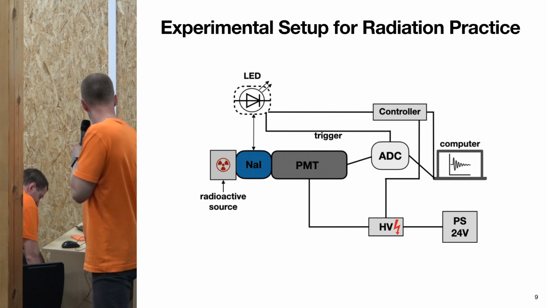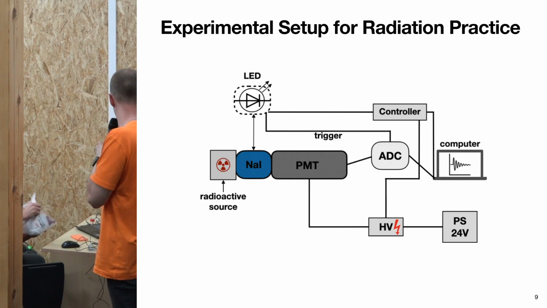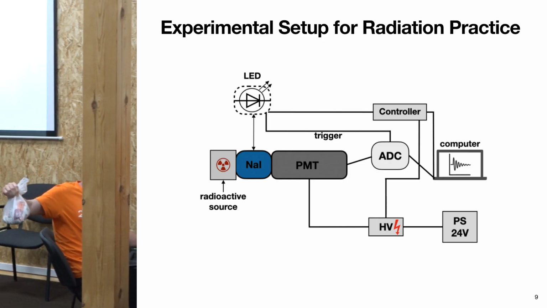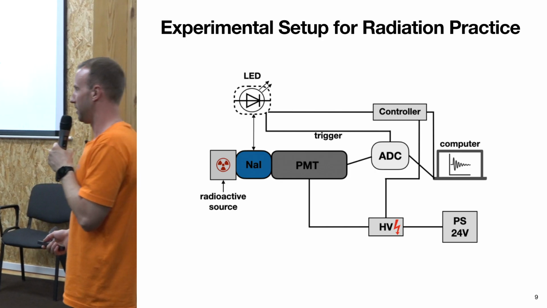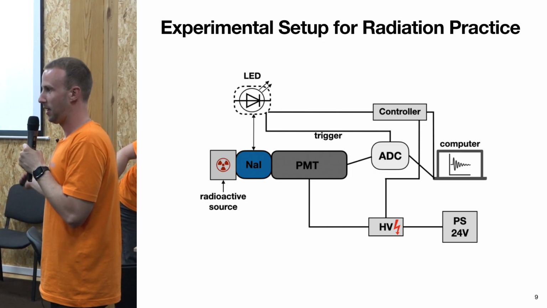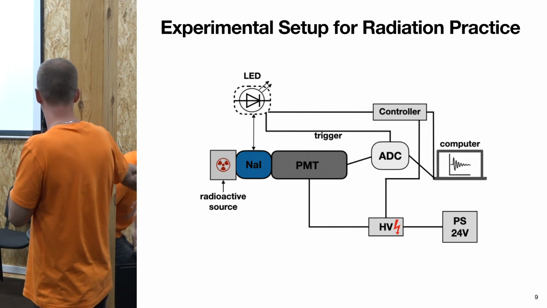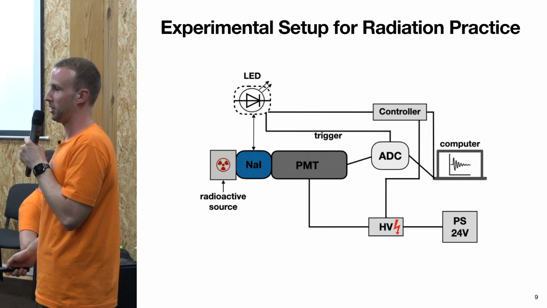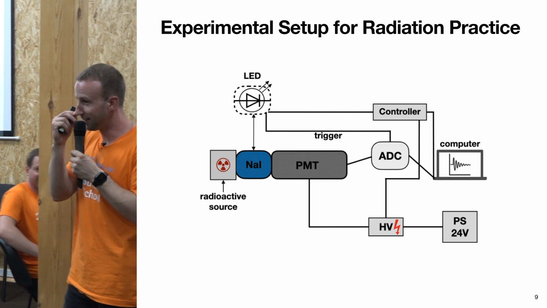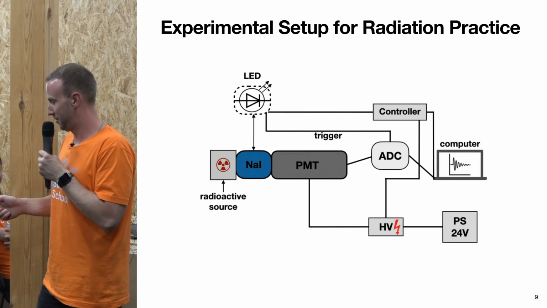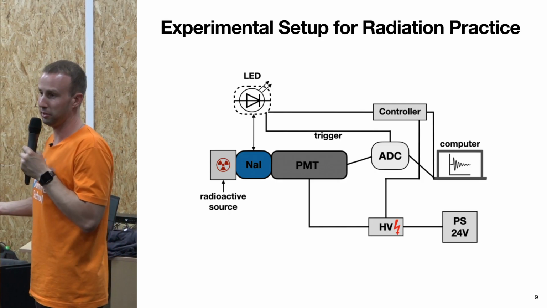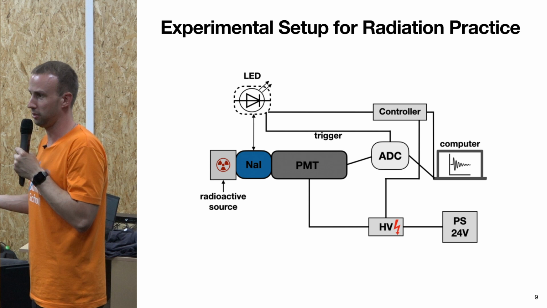So we have, where is it? Alexey, please show us. So we have a bag of fertilizer. It's potassium fertilizer, and this potassium fertilizer has potassium 40 inside the bag. So this is a radioactive source, a naturally radioactive source.